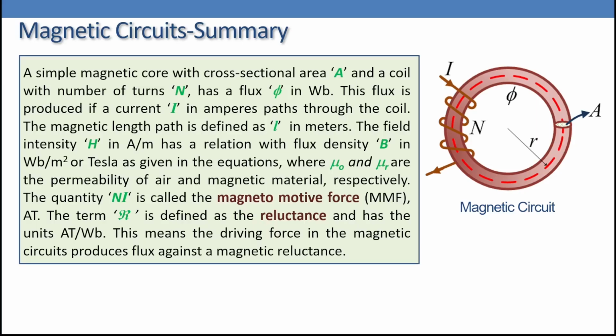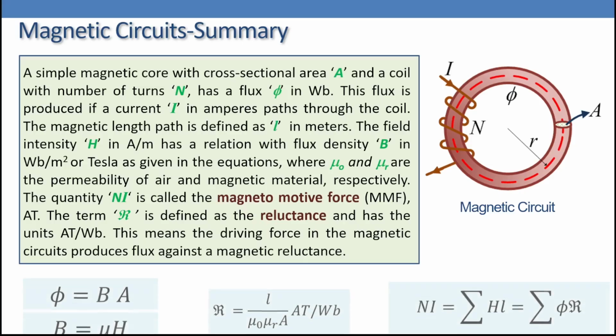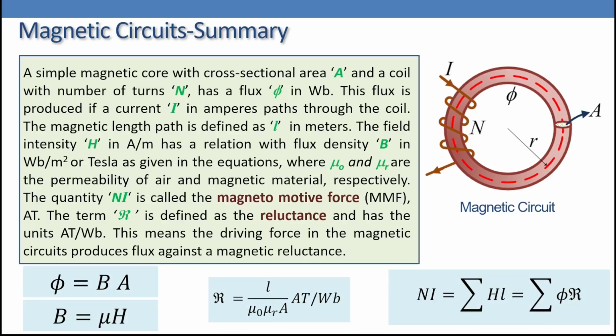In this case, you are going to have a flux phi in Weber, and the flux phi applied to a certain perpendicular area A gives a flux density B. So Ni equals phi times reluctance, or Ni equals HL. In the general case, if we have multiple windows, Ni equals sigma HL equals sigma phi reluctance.